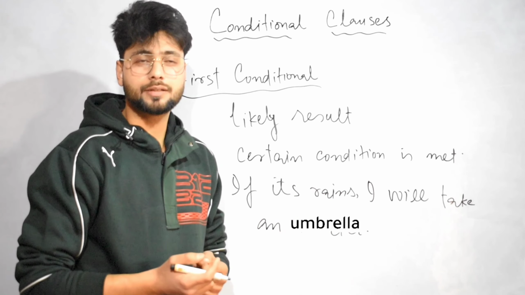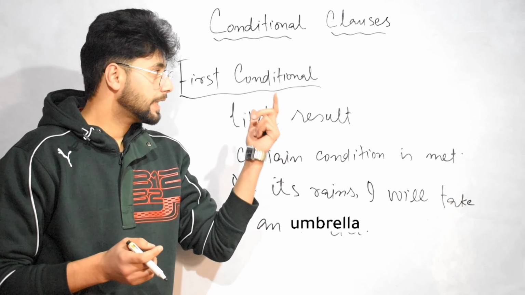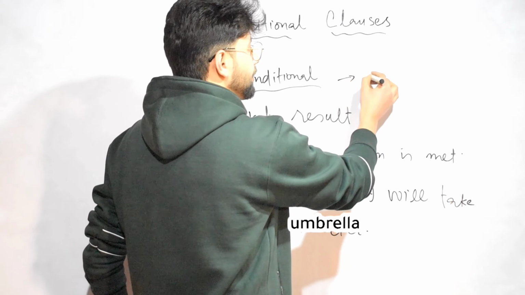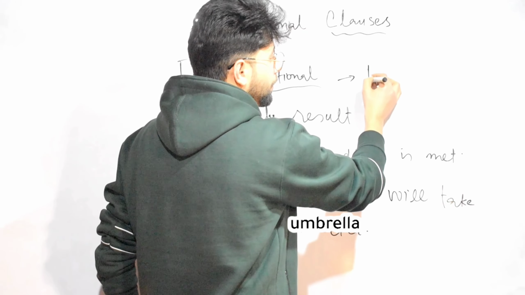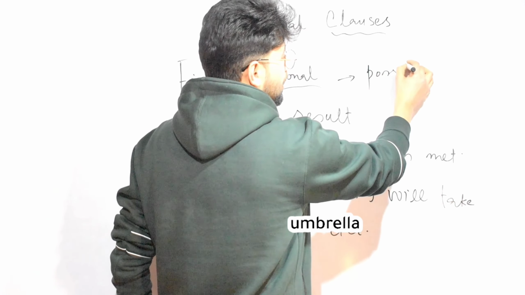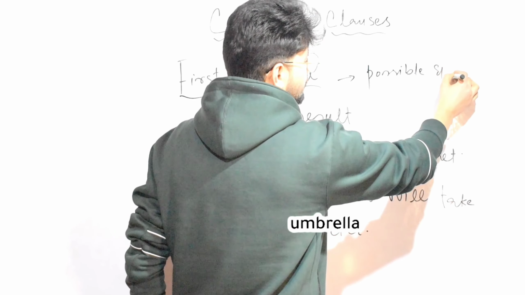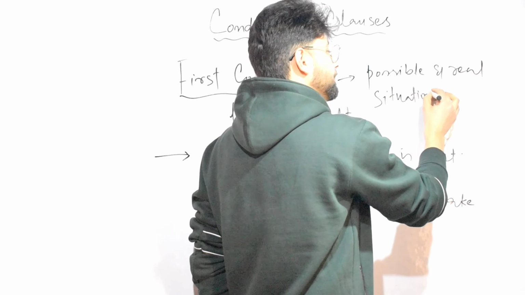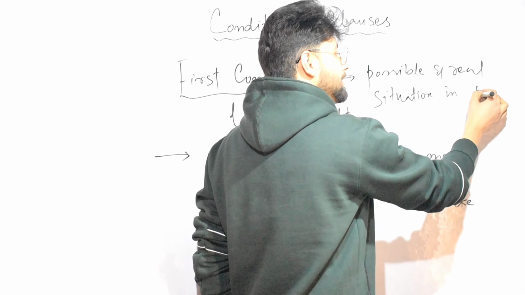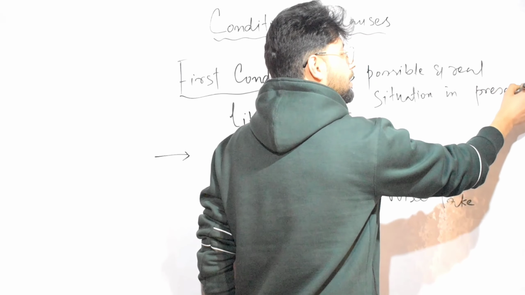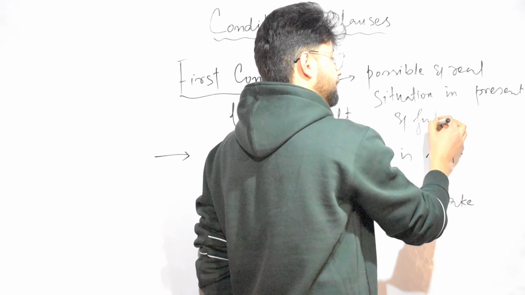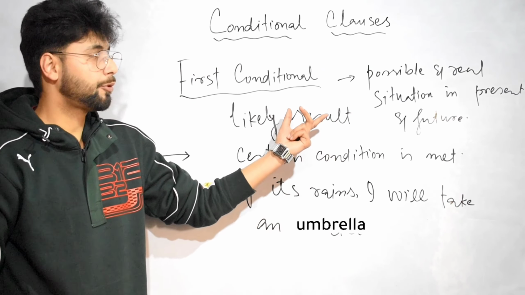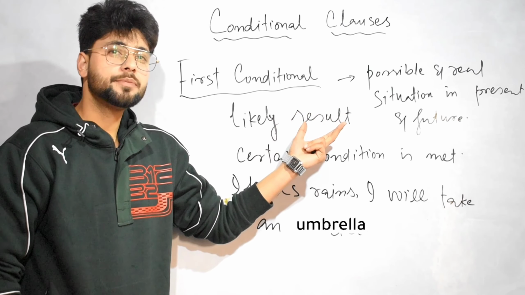It's a likely result. Now, if we talk about its uses, then we say it's used to show the possible and real situations in present and future. So, possible situations in present and future. What does it mean?